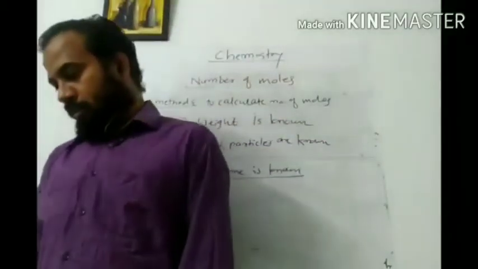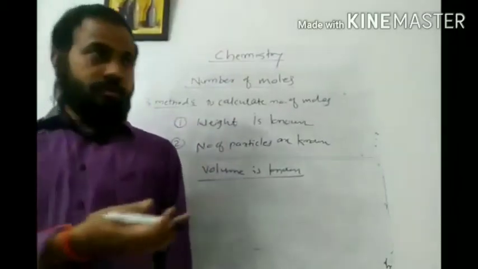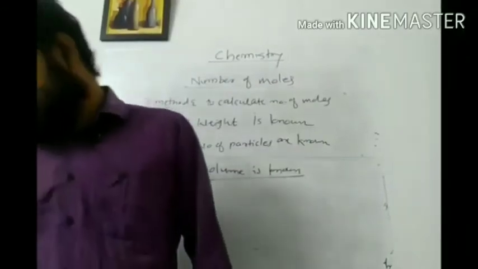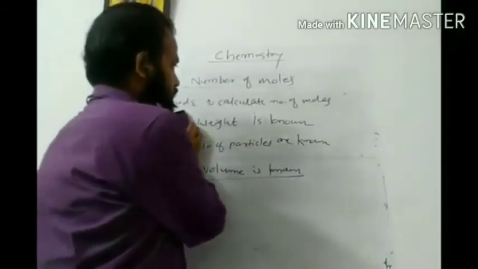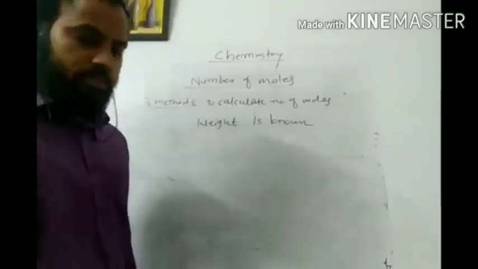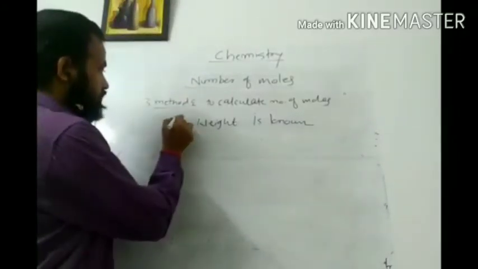First, to calculate the number of moles when weight is given, we have to use a simple formula. Firstly, we will discuss the first method, that is, weight is known.